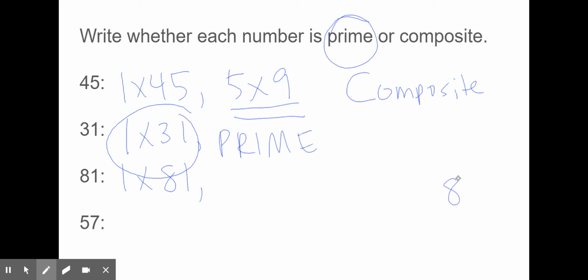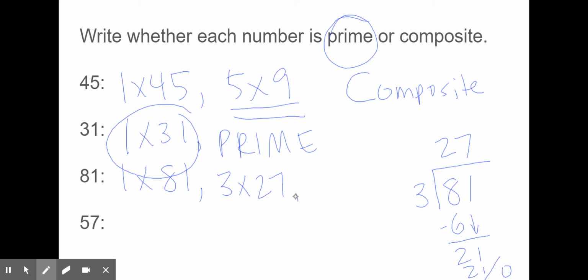I'm going to prove it to you. 3 goes into 8 2 times. Some of you already see it. 3 goes into 21 7 times. And there is no remainder. And that's what I was looking for. In other words, you can say 3 times 27 equals 81.